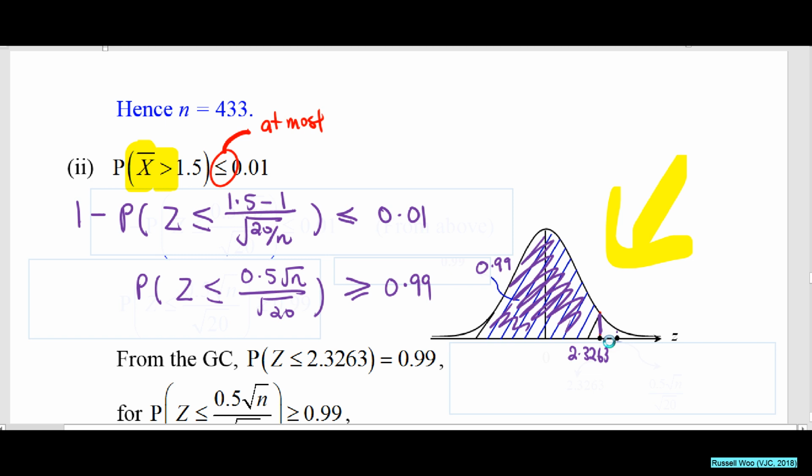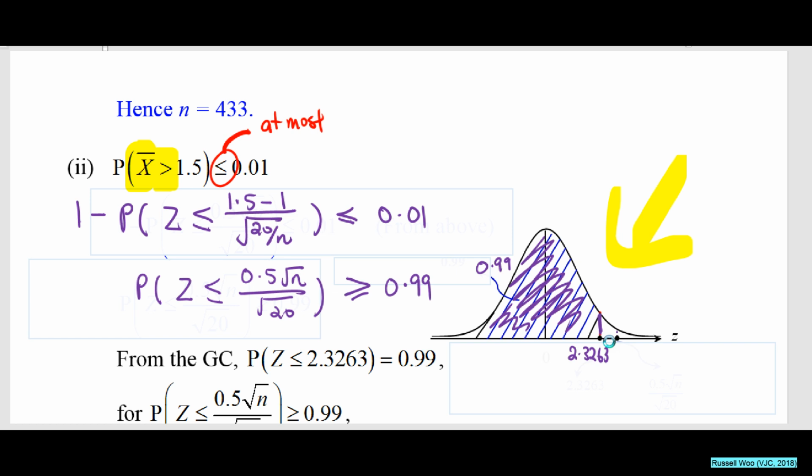If this value is 2.3263, area is 0.99. But you want the left area to be greater than 0.99. So does it make sense that now this value must be on the right hand side of this? Correct? Yes, must be right hand side.